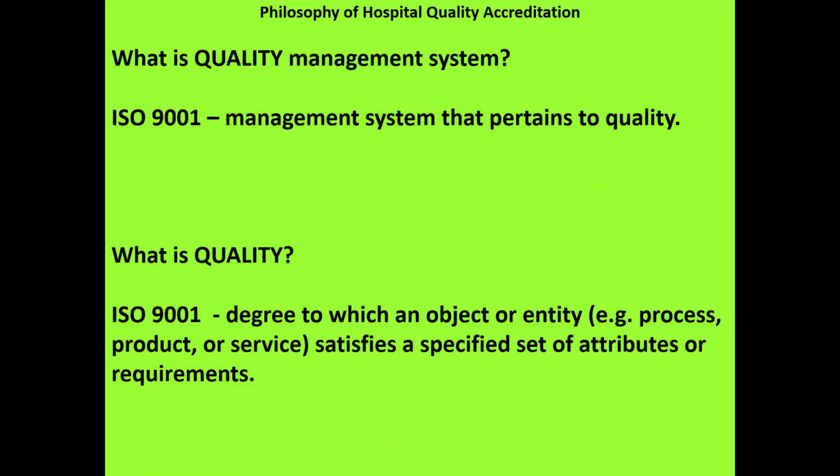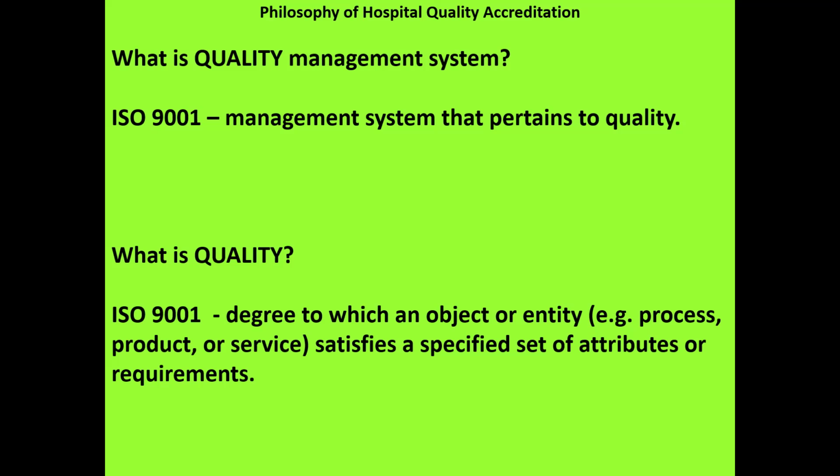Let's backtrack a little bit. What is a quality management system? ISO defines it as a management system that pertains to quality. It's as simple as that, a definition of quality management system: a management system that pertains to quality. But what is quality?